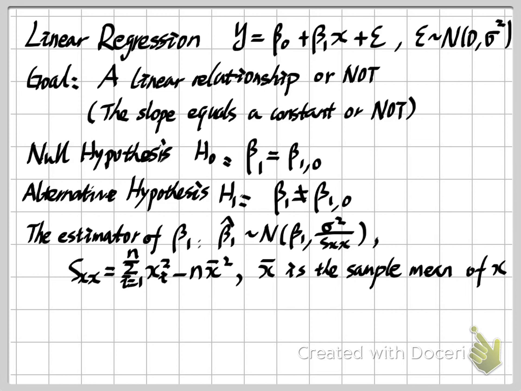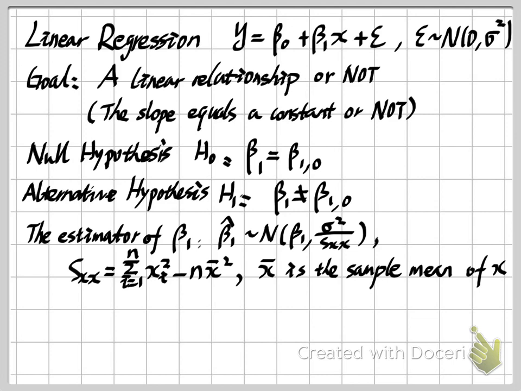Given the data set of our X, S sub XX is the sum of the squares of each data point minus n times the square of our sample mean X bar. This is how we can compute SXX. When we have this distribution of beta 1 hat, then of course we can use it to generate our test.